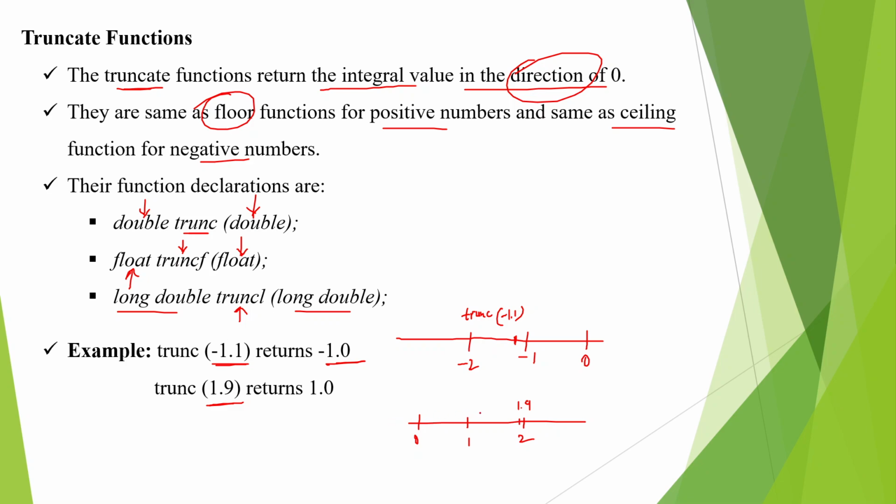As I have 0 in the left-hand direction, I move that way, and the nearest integer I encounter is 1. So 1 will be the result. Here we move in this direction and encounter minus 1, and here we move in this direction and encounter 1 as the nearest integer.